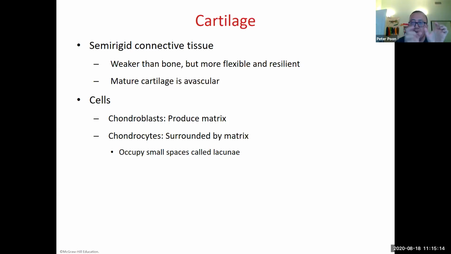So chondroblasts make cartilage. Chondrocytes are mature cells, cartilage cells, and they live inside the lacunae. And you'll see the same terminology for osteoblasts, which make bone, and osteocytes, which live inside bone.